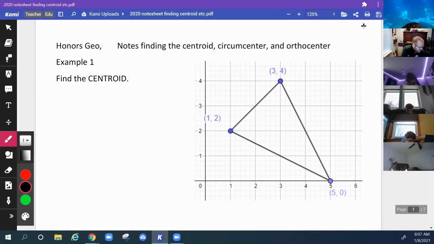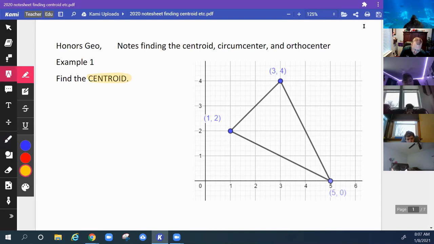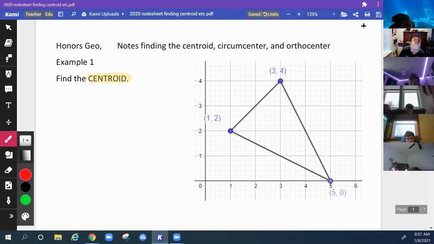So what I want to do is find the equation of the centroid. Okay, so the centroid, and we just got to remember what that is. The centroid is talking about the medians. All right, so the centroid is a point.